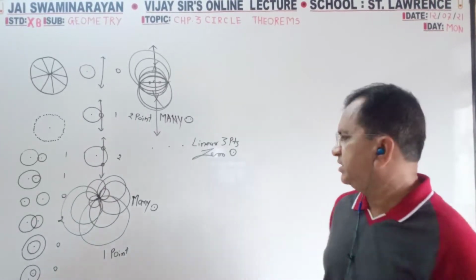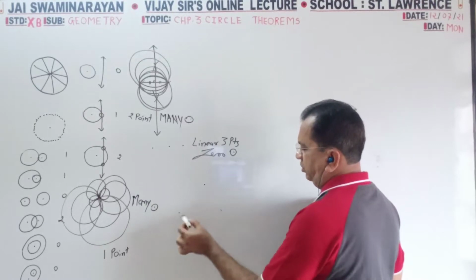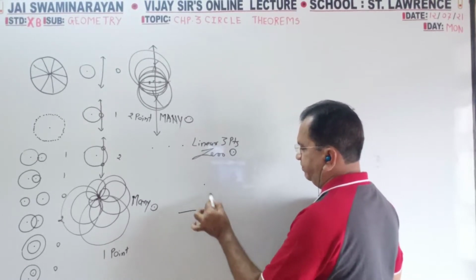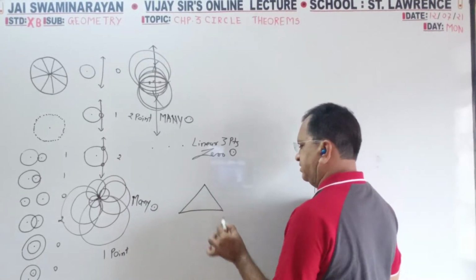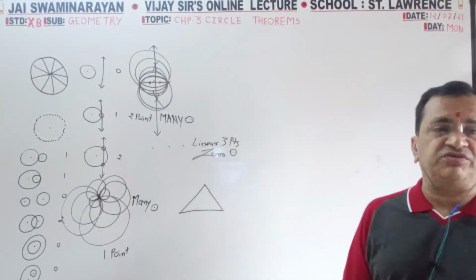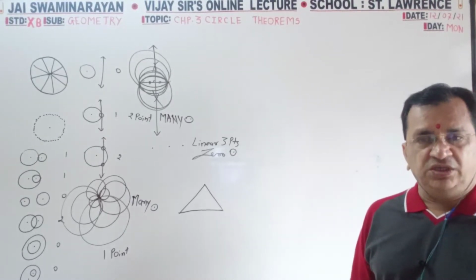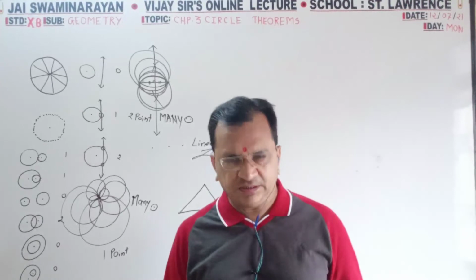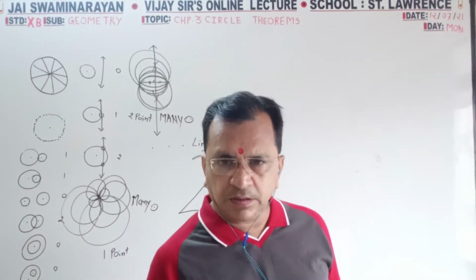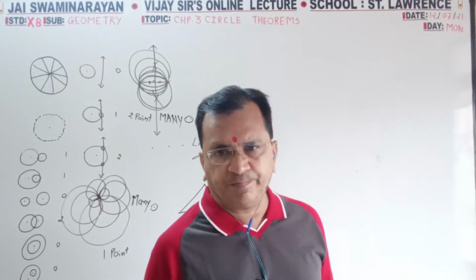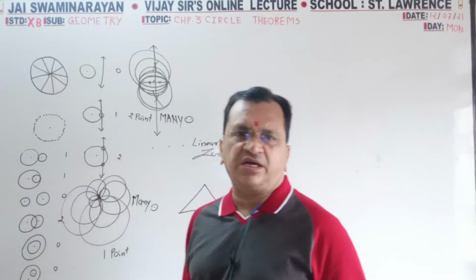But if the points are not collinear, it means a triangle. Triangle means a set of 3 non-collinear points. From 3 non-collinear points, only one circle can be drawn.